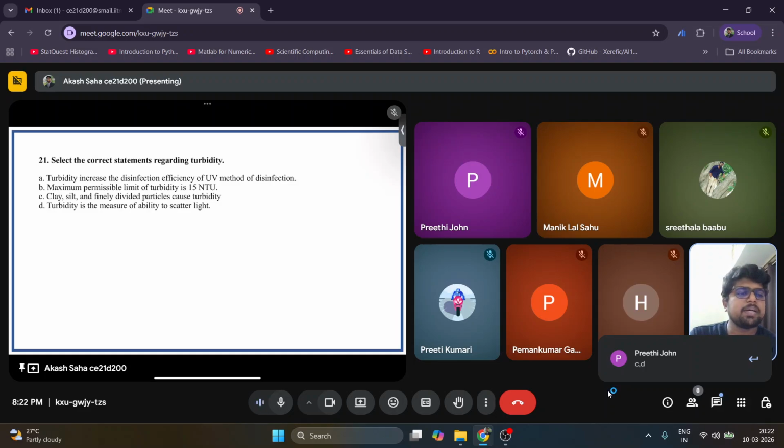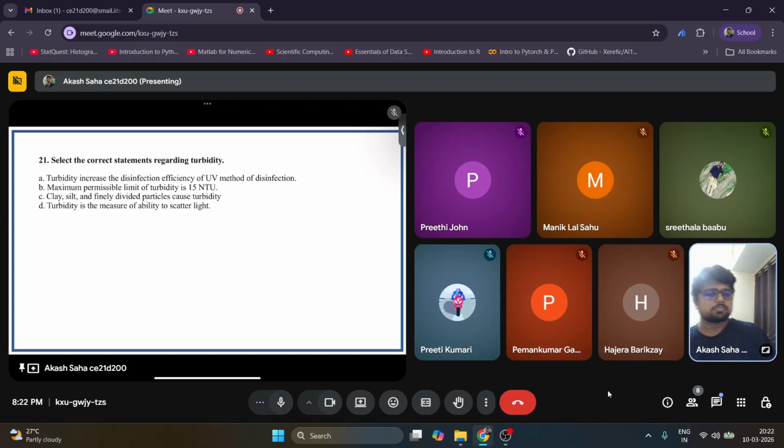We know turbidity acts as a quencher, it will protect the microorganisms from the UV disinfection. What is the maximum permissible limit of turbidity? 5 NTU. Okay, and C and D are correct.